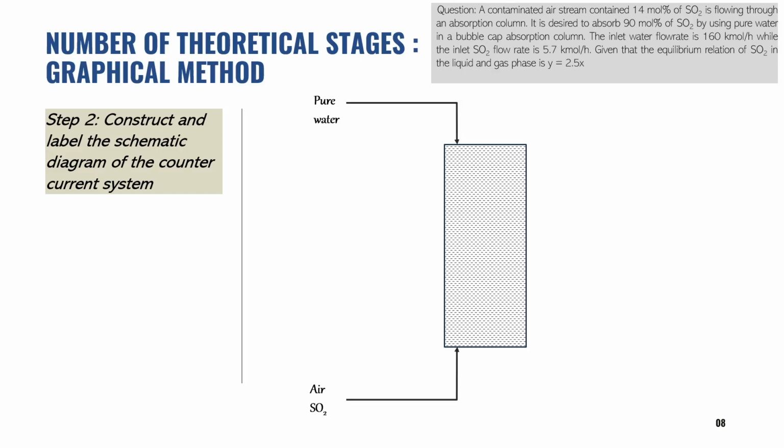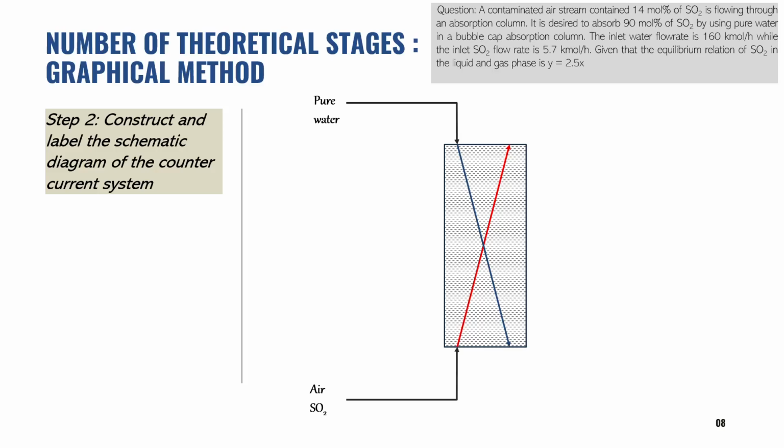On the other hand, pure water, the liquid flow, enters the top of the column and flows downward. The gas stream goes up to the top, and the liquid stream goes straight to the bottom.